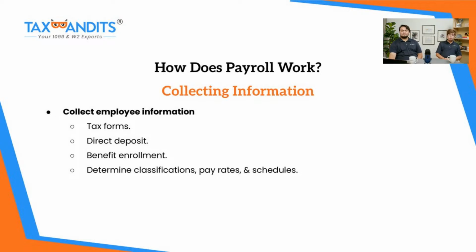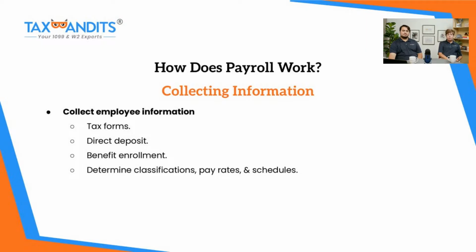When you're bringing employees on board, you want to make sure that you're collecting all of the applicable tax forms. You'll normally get a federal tax form, which is your W-4, and then if your state has its own separate tax form, you'll have the employee fill out one of those as well. If you're going to pay your employee through direct deposit, you want to make sure that you have a direct deposit form with their account number and routing number and a copy of a voided check.